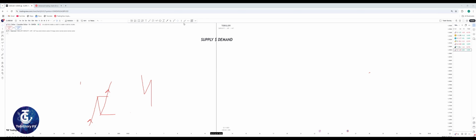Let me type it out. Rally, base, rally. And right here we have the drop, base, drop.